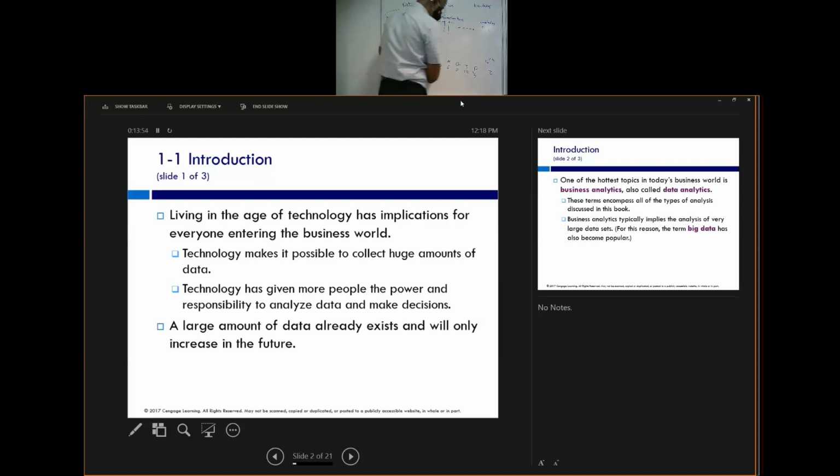So the next term is data analytics. This is a kind of new method designed to work with huge data sets and fetch information from those data sets.